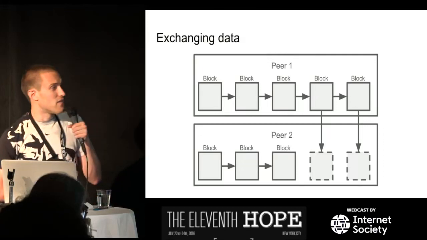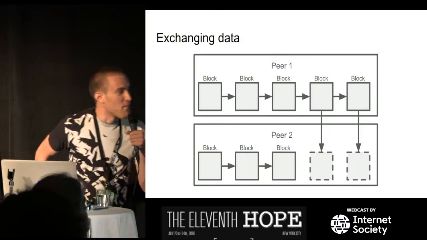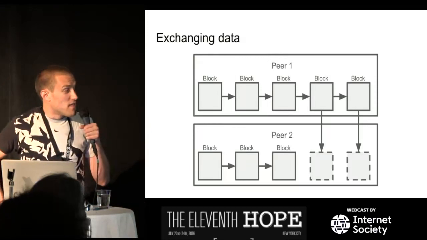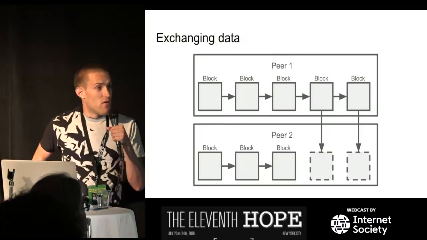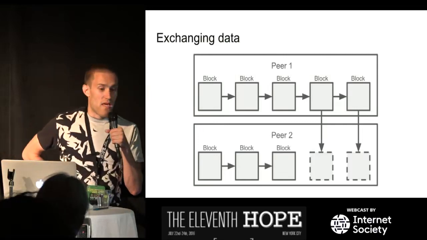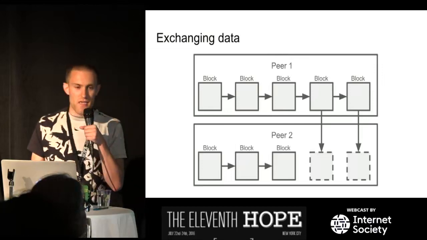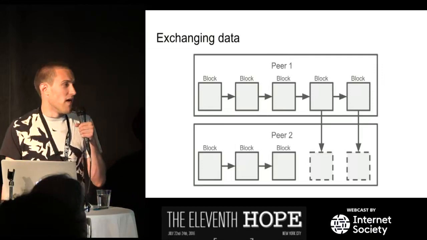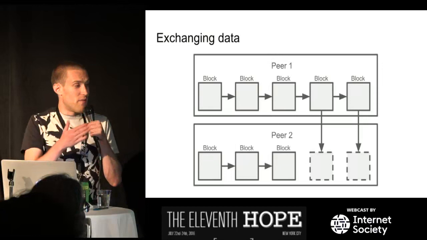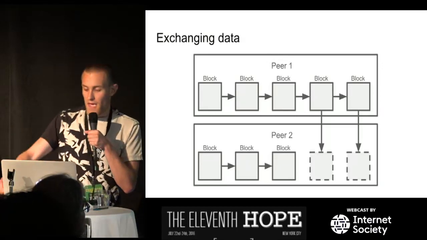So back again to append-only feeds, which I obviously love. Since each identity has its own append-only feed, in order to exchange data between two append-only feeds, the algorithm is really simple. All you have to do is basically copy in the missing blocks, and you're done.